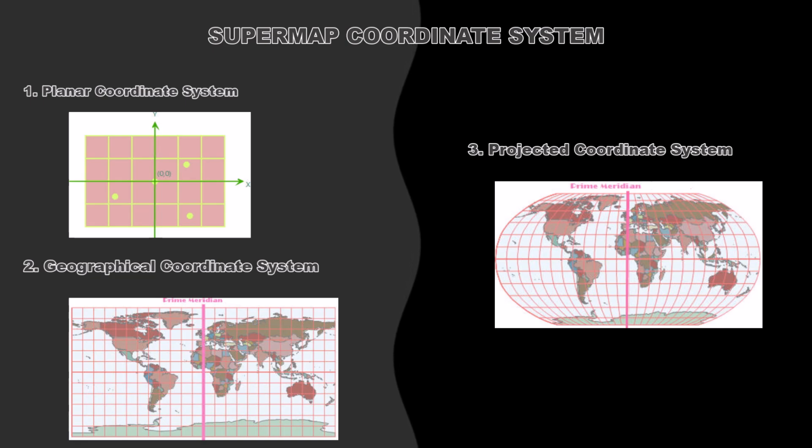In projected coordinate system, the definitions of geographic coordinate system, map projection, projection parameters, and units of distance are usually included. Gauss-Kruger, Albers, Lambert, and Robinson are commonly used projected coordinate system. Generally, projected geographic data can be used in measurement, spatial analysis, and mapping, etc.